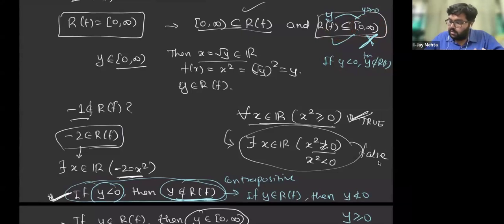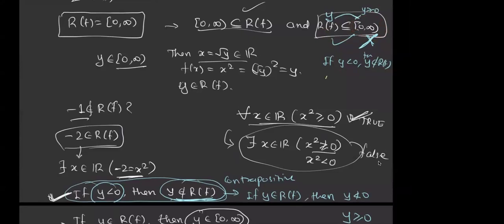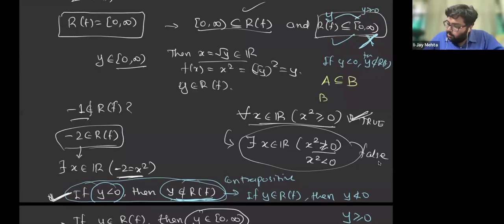You remember this? We had done this type of thing. A subset of B. Equivalently, we had shown that B complement is a subset of A complement. What is the complement of this? All negative numbers. If y is negative, what is the complement of this? Not in range. How many of you understand?